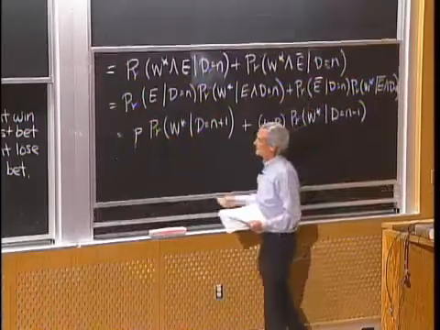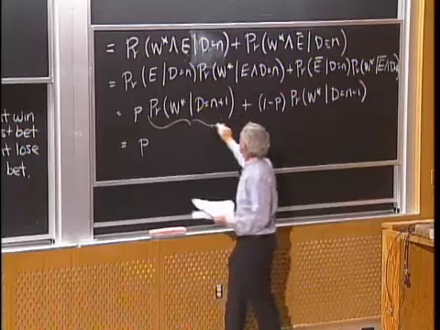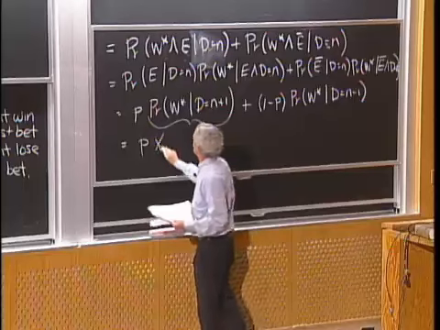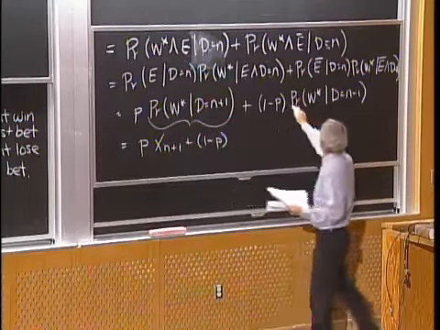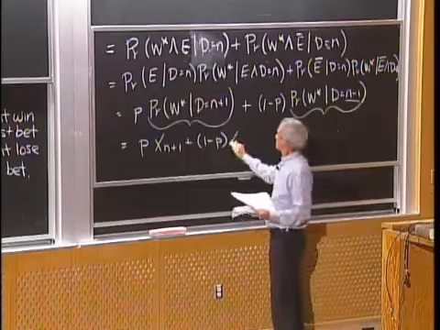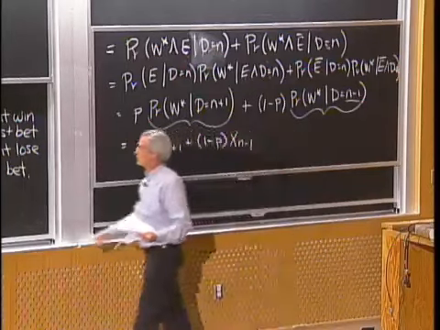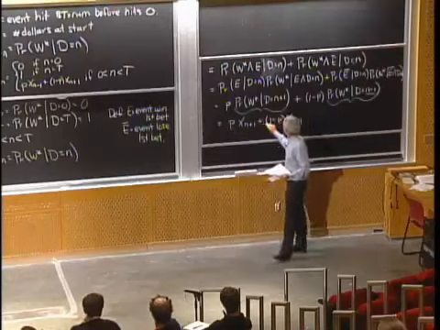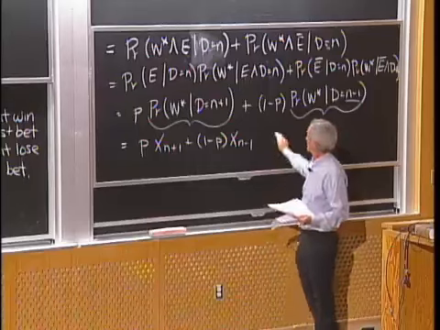Well, now this is going to get really simple. What's another name for that expression? x sub n plus 1. And another name for this expression, x sub n minus 1. So we've proved that x sub n equals p times x sub n plus 1 plus 1 minus p times x sub n minus 1. And that's what I claimed was true. So we've finished the proof.